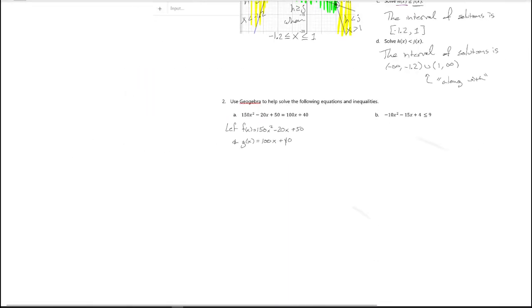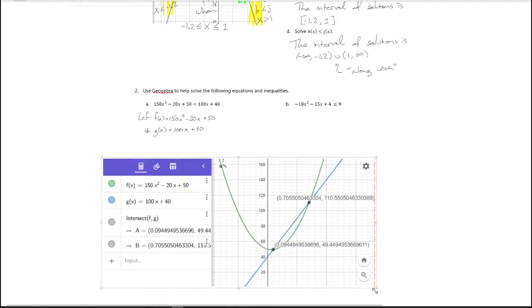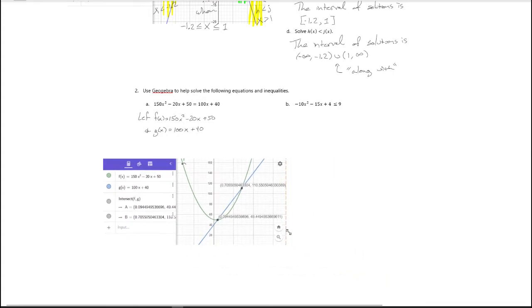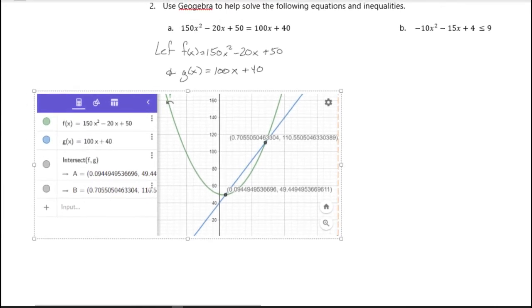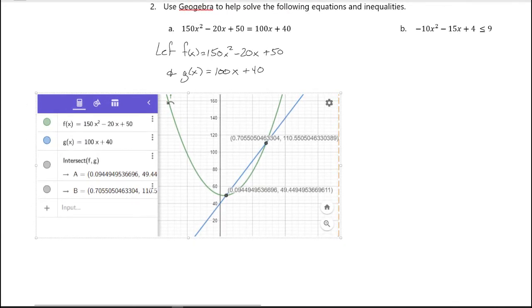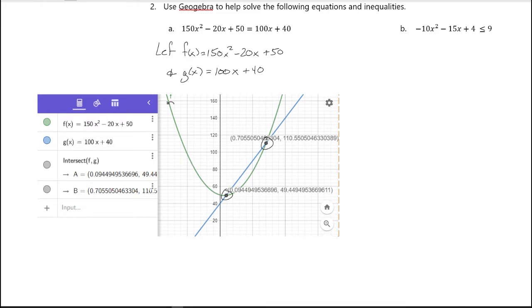Plop that in over here. And so we can see that the x values of these 2 points are when the outputs of both the left side and the right side are going to be the same.